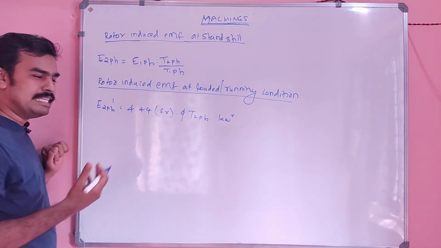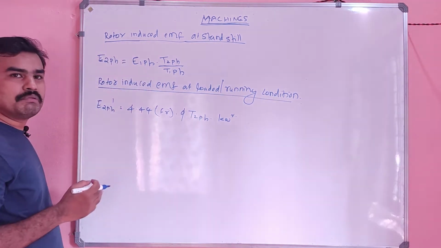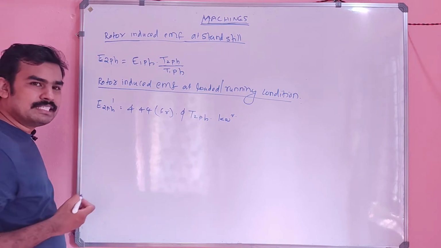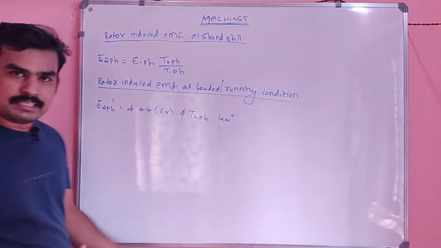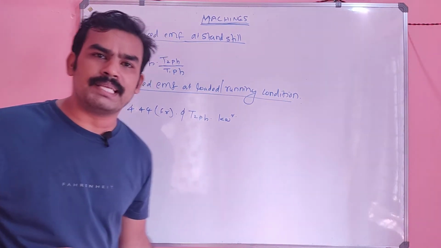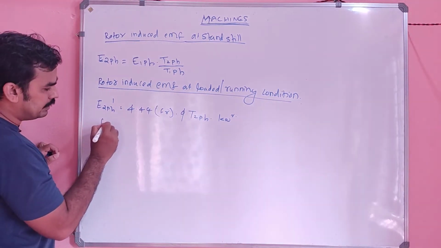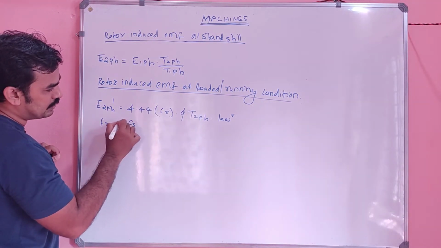What is the difference compared to the EMF equation in the stator? The frequency is Fr, right? Because the rotor is rotating, we have to consider the rotor frequency. That Fr is nothing but S into Fs, correct?